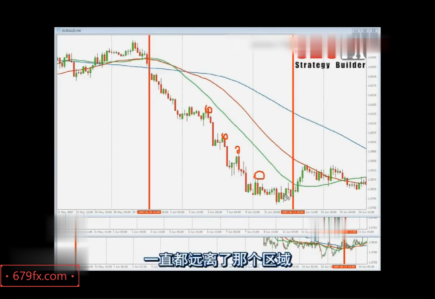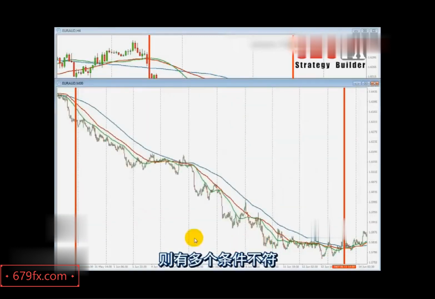It always falls shy of that area. Moreover, in the 30 minutes time frame, as I was saying, we have a number of conditions that are being violated, not respected, with those crossovers, with price reaching the 100, etc., etc.